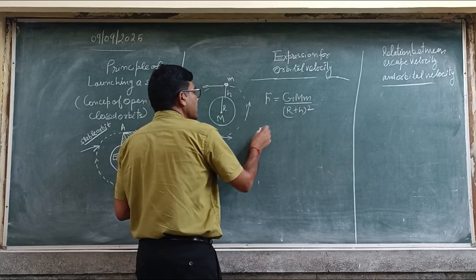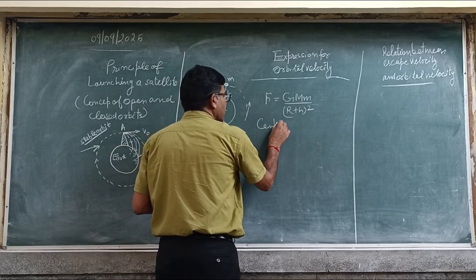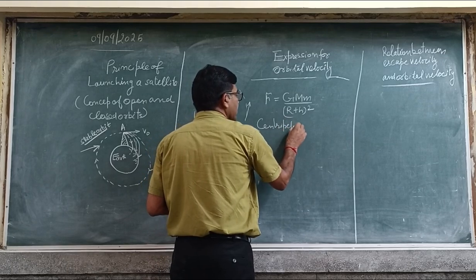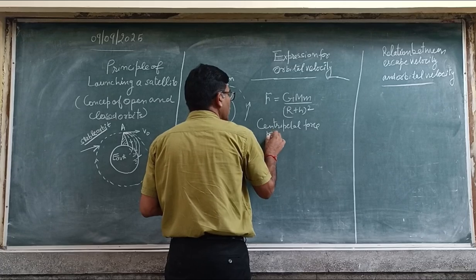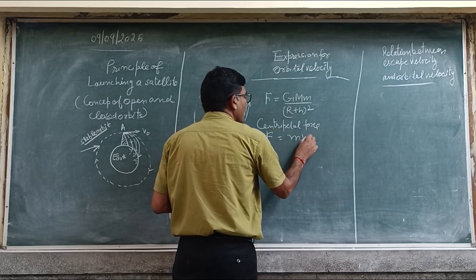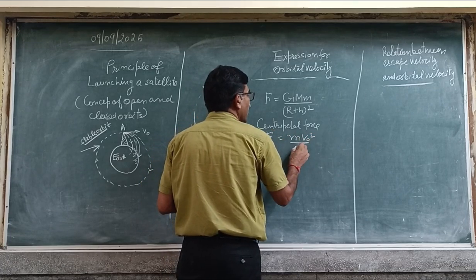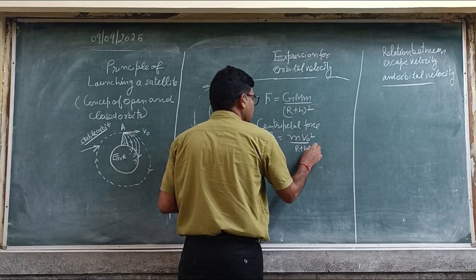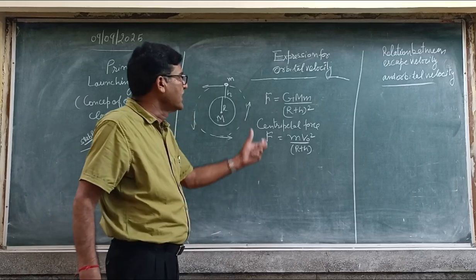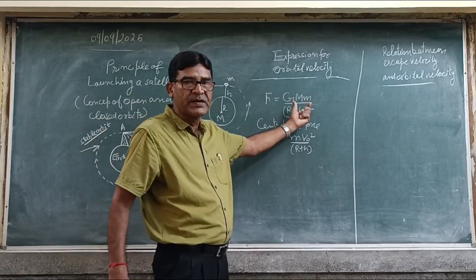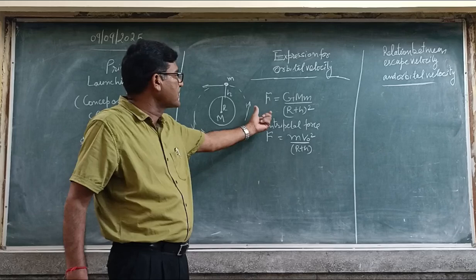The centripetal force is equal to m v naught square upon R plus H. In equilibrium, both the forces are equal, or you may say that the centripetal force is provided by Newton's gravitational force.